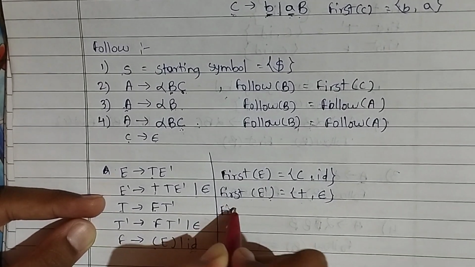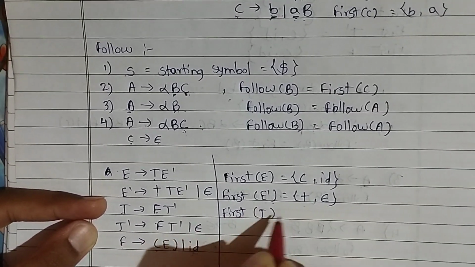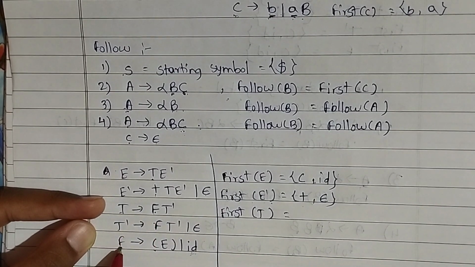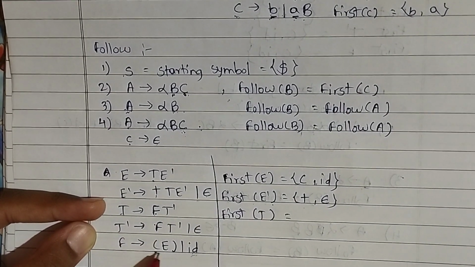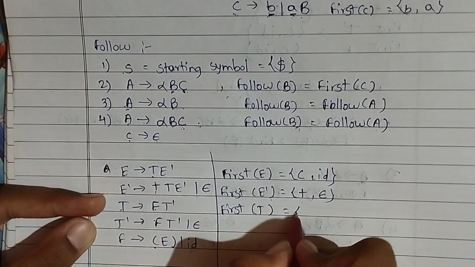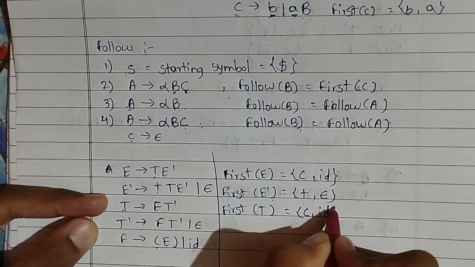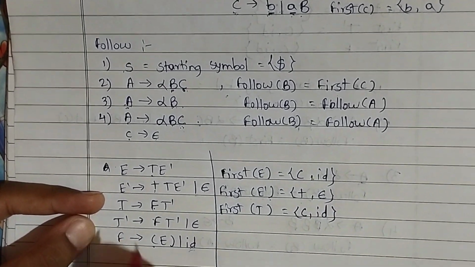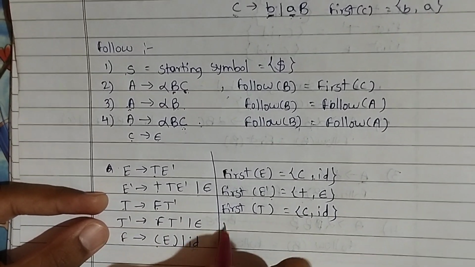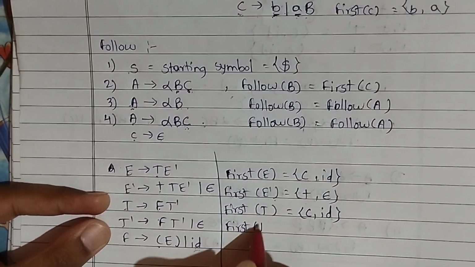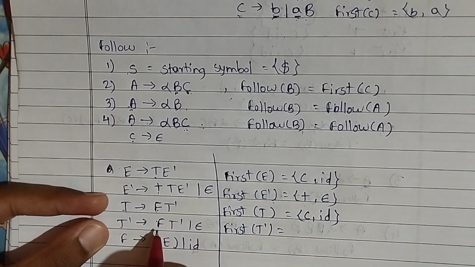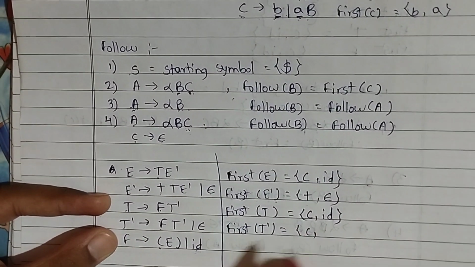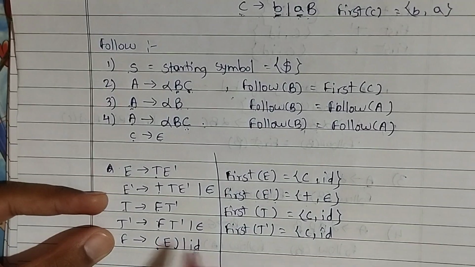Now first of T. First of T is capital F. Capital F reads the opening bracket and ID. So opening bracket and ID. I hope you get the idea how I write the first. Now T dash. First of T dash is capital F. Capital F reads opening bracket, ID, and one more.